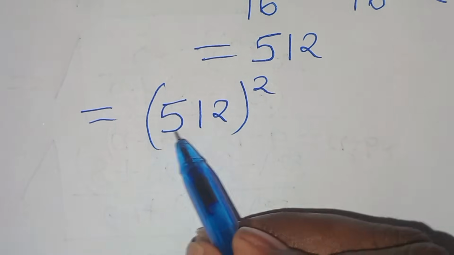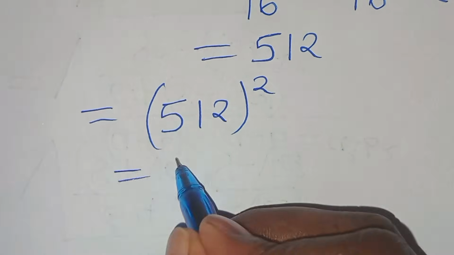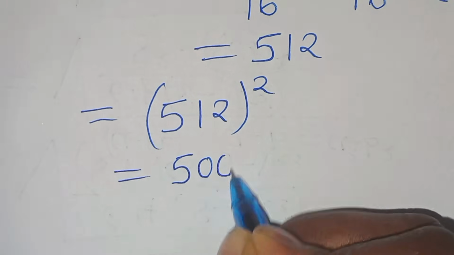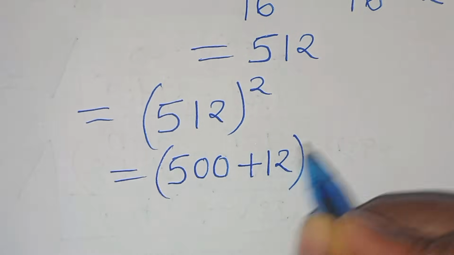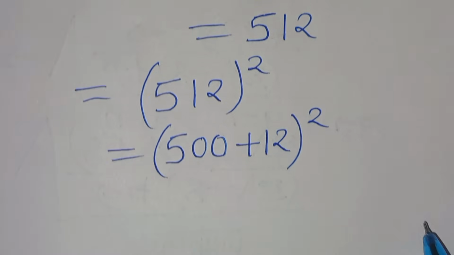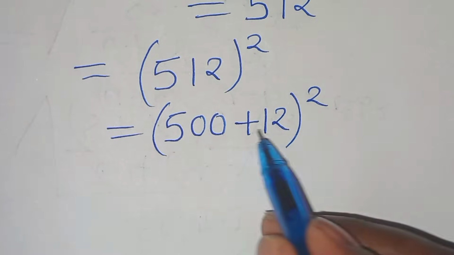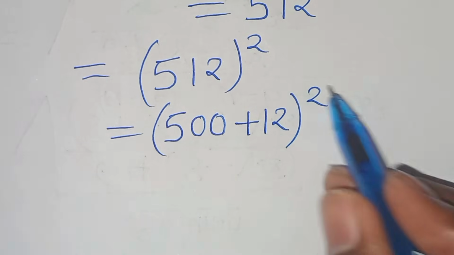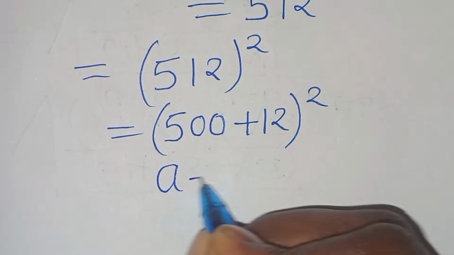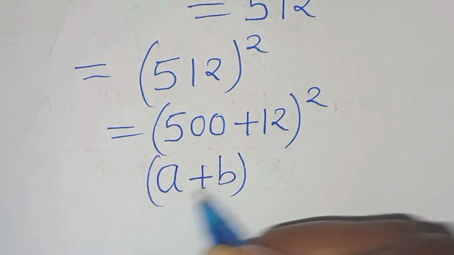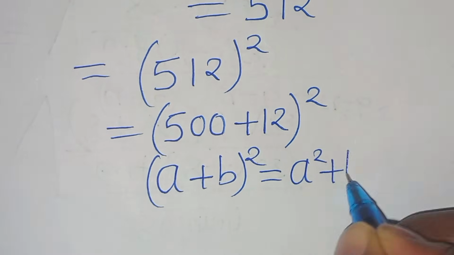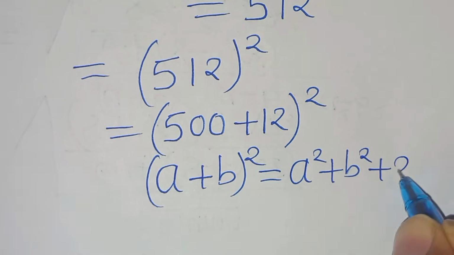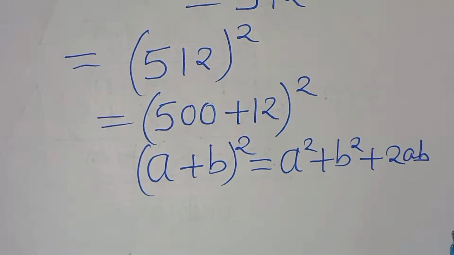We can express 512 as 500 plus 12, raised to the power of 2. This is in the form of a plus b raised to the power of 2, which we can express as a squared plus b squared plus 2ab.